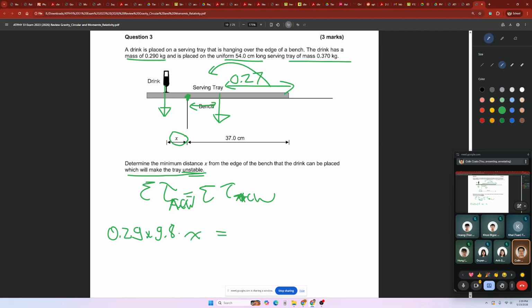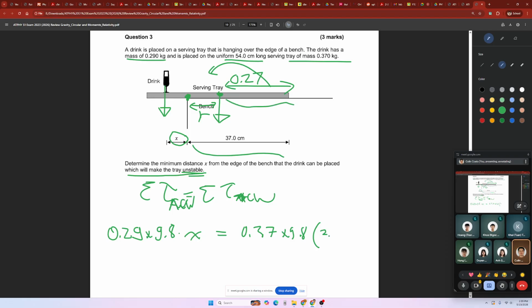We can find that distance here for the tray's center of mass to there. It's going to be these two minus each other. So the tray is 0.37 times 9.8, and it's going to multiply this distance, and this distance is this one minus this one.